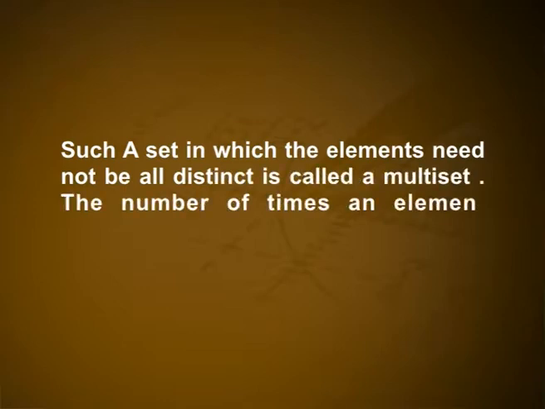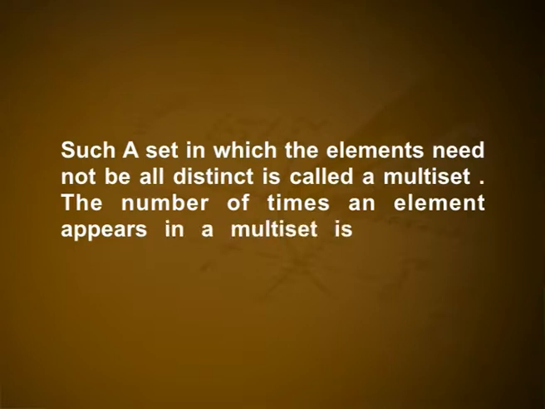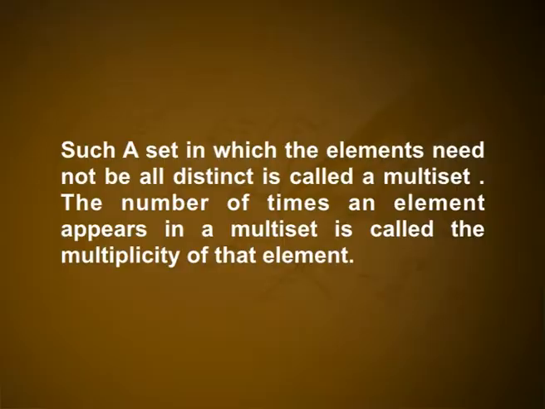The number of times an element appears in a multi-set is called the multiplicity of that element. For multi-sets, the union, intersection, difference, etc. will be multi-sets. Note that any set is a multi-set, but there are multi-sets which are not sets.